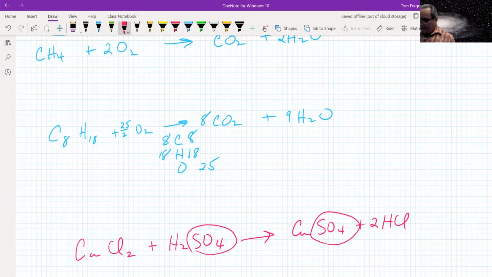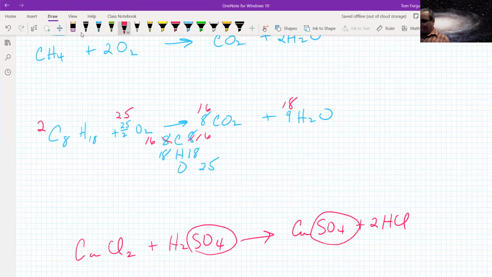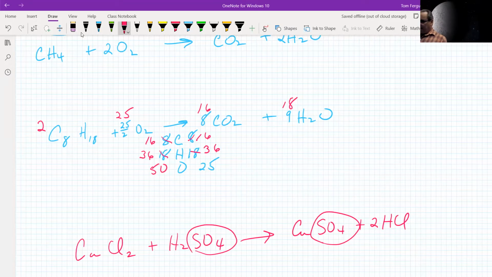So we're looking at 16, 16, 36, 36, 50 oxygens and 50 oxygens.